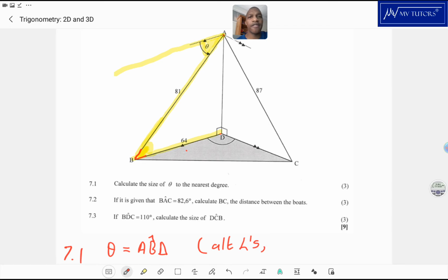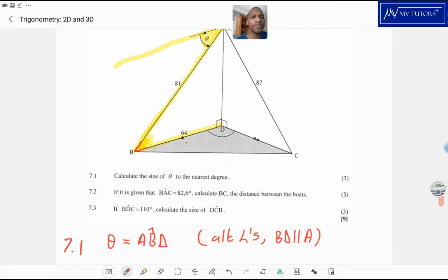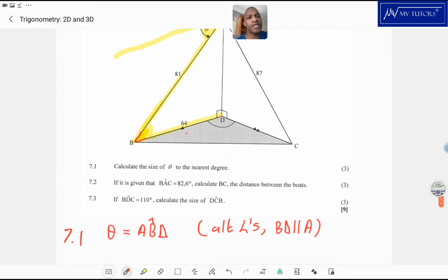Whenever you mention alternating angles, you must also mention the parallel lines, which is BD is parallel to the line of A, I don't know, whatever. Because there's nothing there, let's just call it A. So that's the line we have to use.